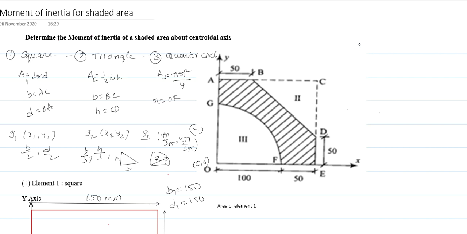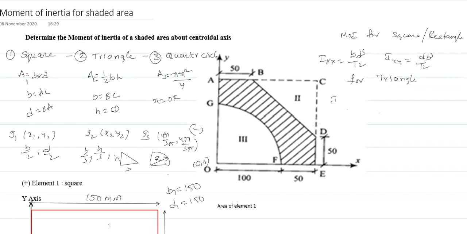Coming to moment of inertia, the formula of moment of inertia, MOI, for a square or rectangle is b d cube by 12. Similarly, this is for IXX, right? For IXX, b d cube by 12. For IYY, d b cube by 12.